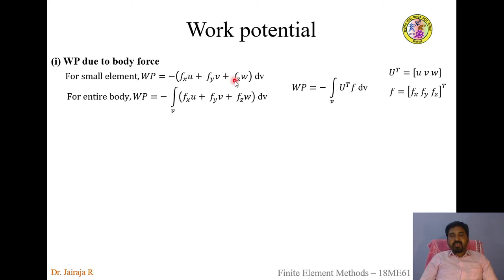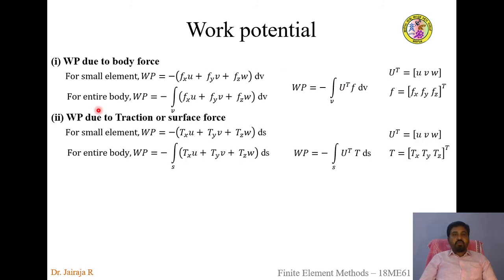Fx, Fy, Fz are the body forces along x, y and z direction, and u, v, w are the displacements along x, y and z directions. For the entire body we need to integrate. So total work potential for the entire body is minus volume integral u transpose F dV, where F is the body force.